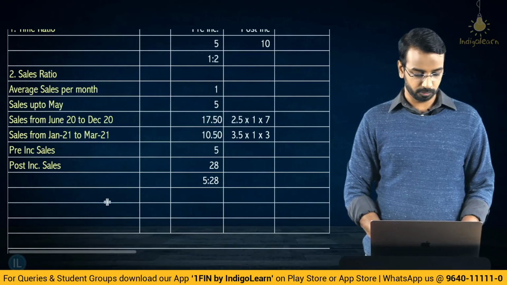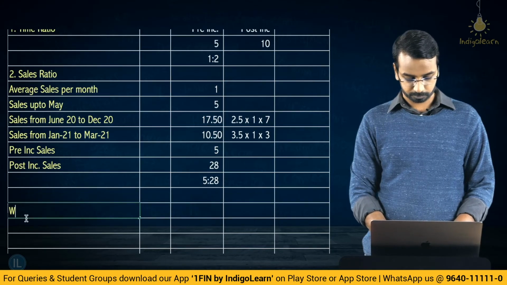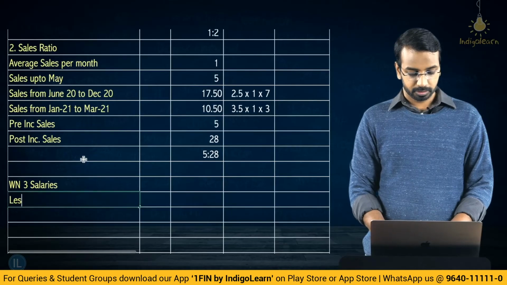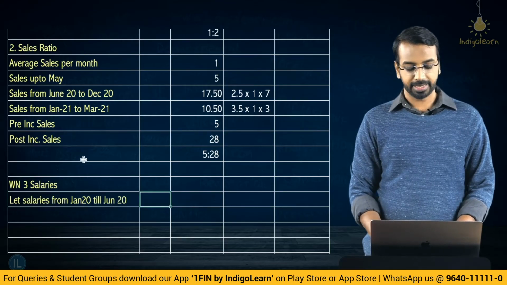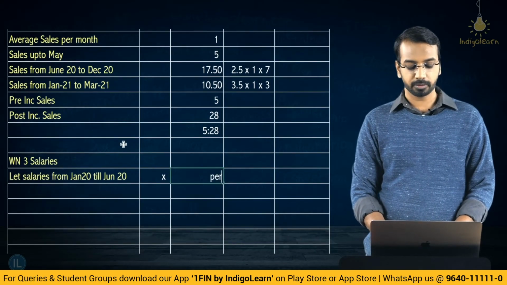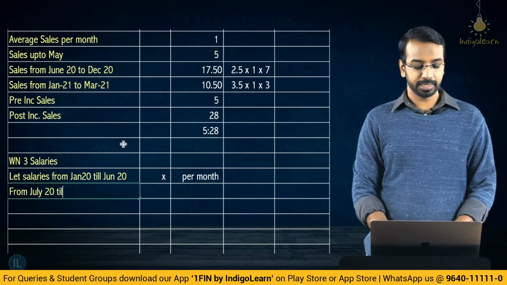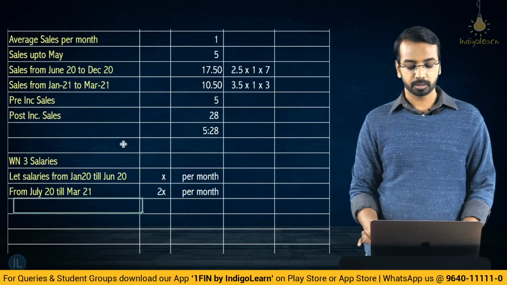So let us prepare a working note. Let salaries from Jan 20 till June 20 be X per month. Every month we pay X. From July 20 till March 21 it will be 2X per month, correct.